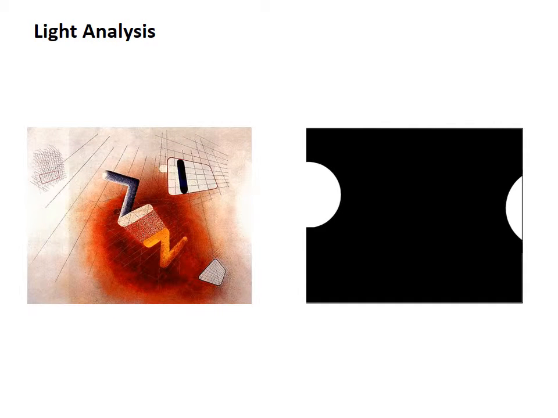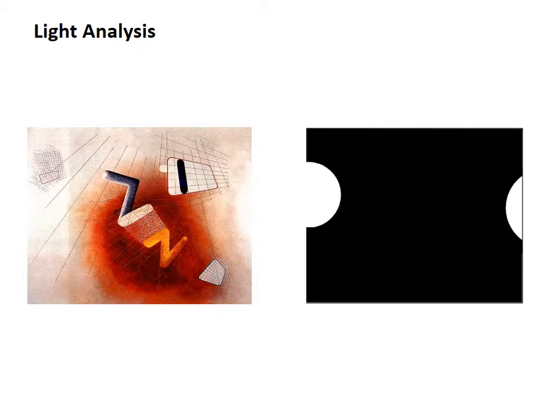Okay, so my next analysis was light. As you can see in the painting on the left, which is the original painting, it seems like there are two light sources. So on the picture on the left, you can see that I blacked out everything else but where I felt like the two main light sources were coming from.